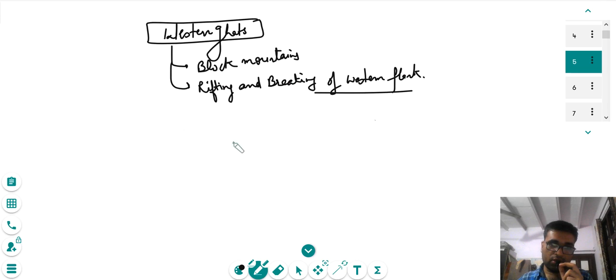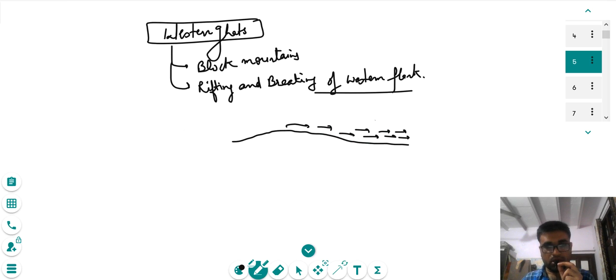For example, this was the shape of the plateau, something like that, right? Even in the earlier times, the plateau was eastern sloping. That's why the majority of the rivers were flowing in the east direction. But in the Pleistocene times, this western flank broke up, and after breaking from here, its shape becomes something like that.